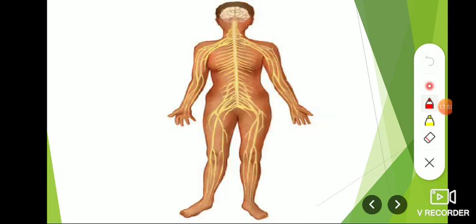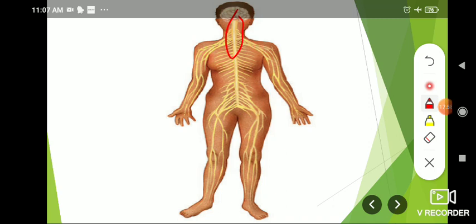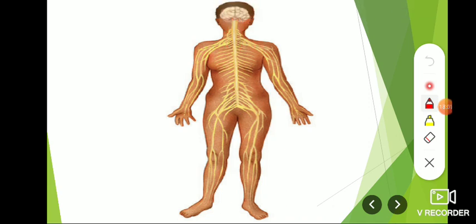Now, a very important thing: the neurons are either in the brain and spinal cord, or they are at the receptor. If there is a stimulation here, what will happen? An action potential is generated, and it will travel along the axon towards the brain. That is the sensory part.